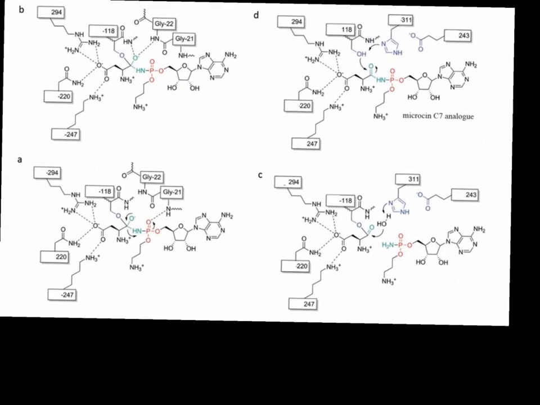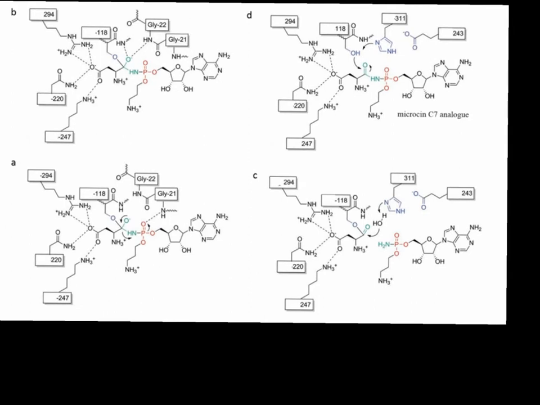First of all, A is pretty simple. It asks what the amino acid residues are at positions 118, 220, 243, 247, 294, and 311, and to give the full names, the 3-letter abbreviations, and the single-letter abbreviations. You might have to tap back into exam 1 material and tell amino acids by their R groups.